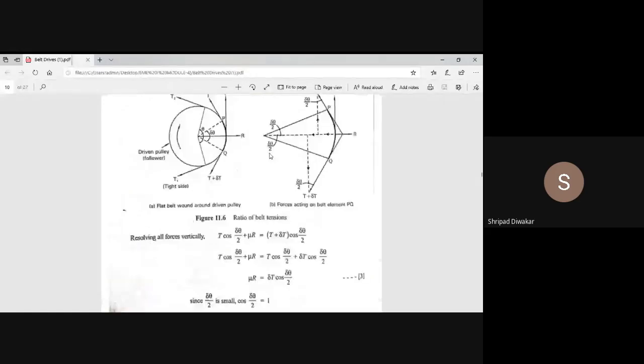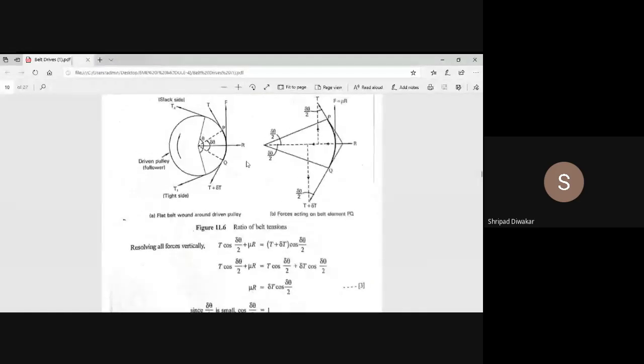Now, how did we get this equation? By considering the small element PQ. But our aim is to find the ratio of belt tension for the entire belt drive.